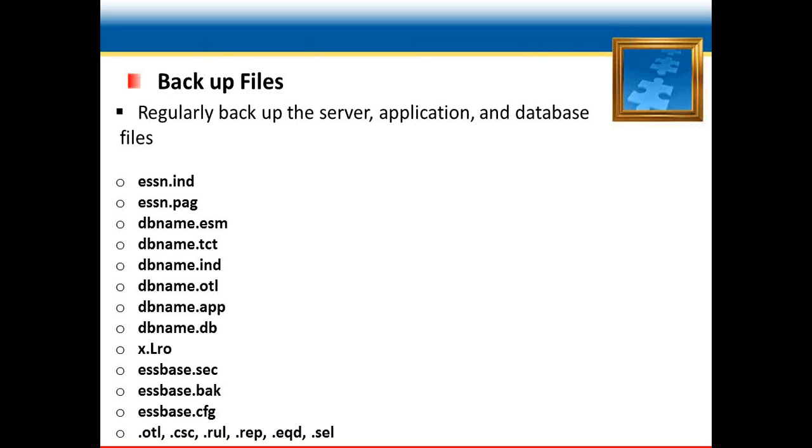So you can say .ind means index file, .pag means data file, then the database .db, .tct transaction file, then .ind, then .otl, then the application file, then the database, then the .lro, then the security backup and the configuration .cfg file, and the artifact files like OTL, calculation script, rule, REP, equity, and .csc file.